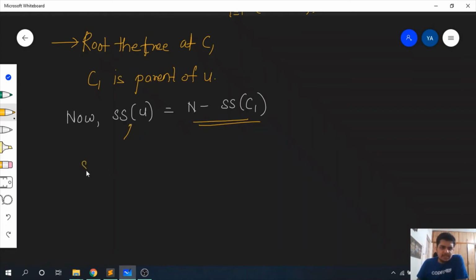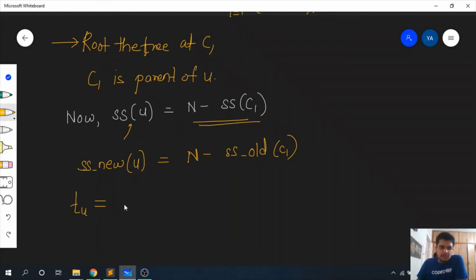So we can adopt a new naming convention: ss new of u is equal to n minus ss old of c1, right? Now let us try and find the topological orderings for the node u when c1 is the root. So essentially we are finding dp of u over here.